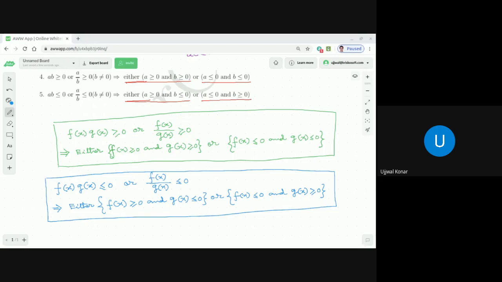Now let's come to the next few properties, and that property is related to the modulus.